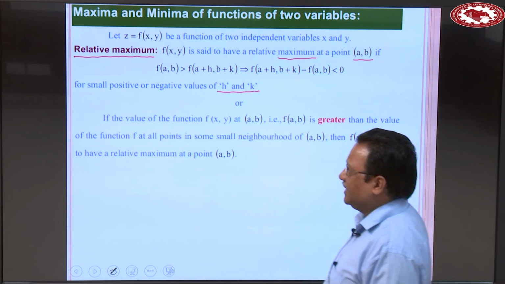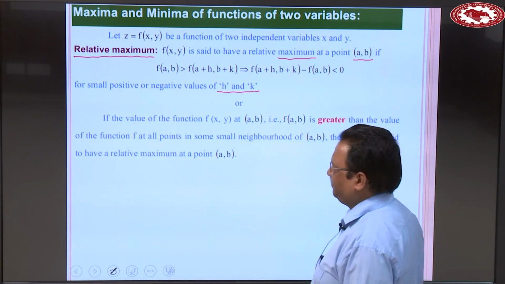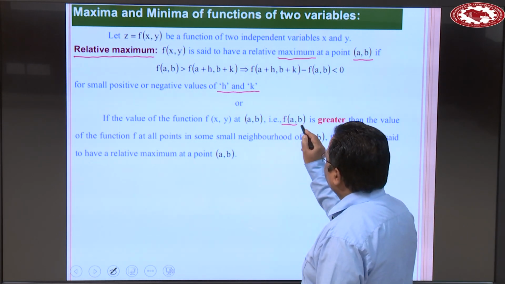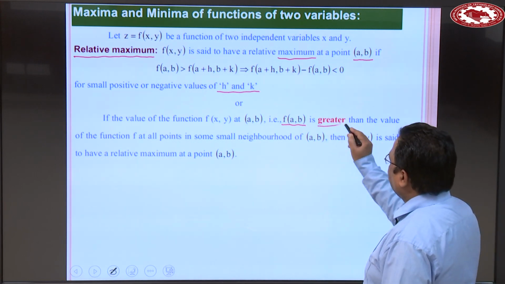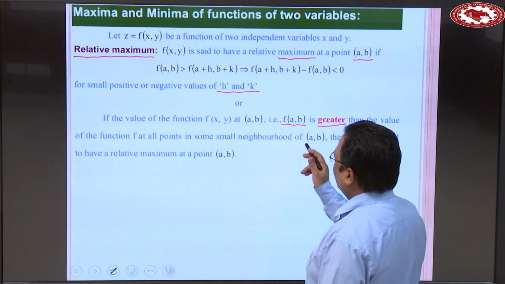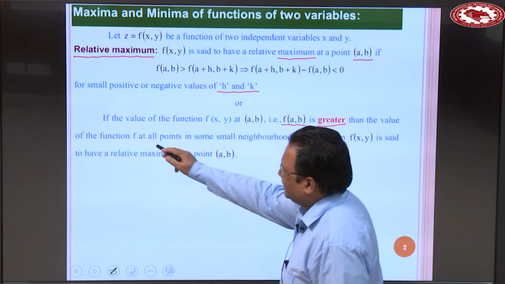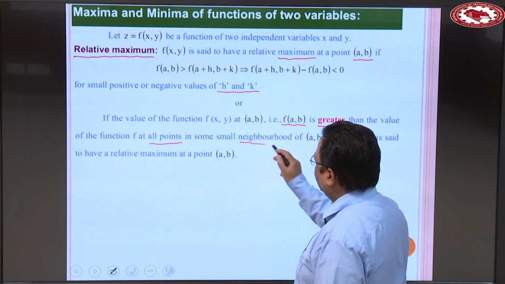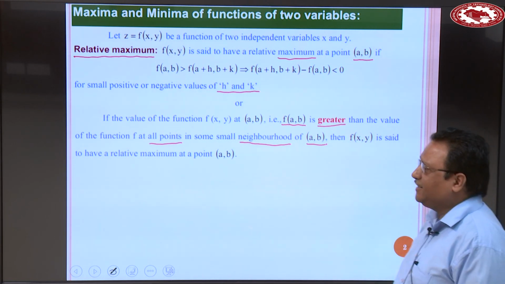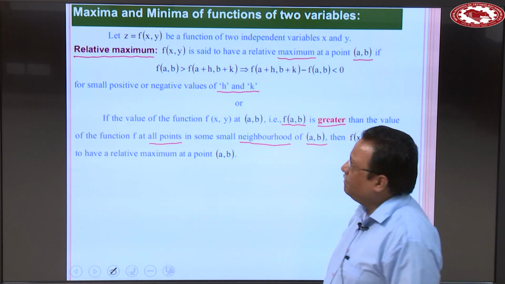In other words, we can define relative maximum this way: if the value of the function f(x, y) at (a, b), that is f(a, b), is greater than the value of the function at all points in some small neighborhood of (a, b), then f(x, y) is said to have a relative maximum at the point (a, b). This is the definition of relative maximum.